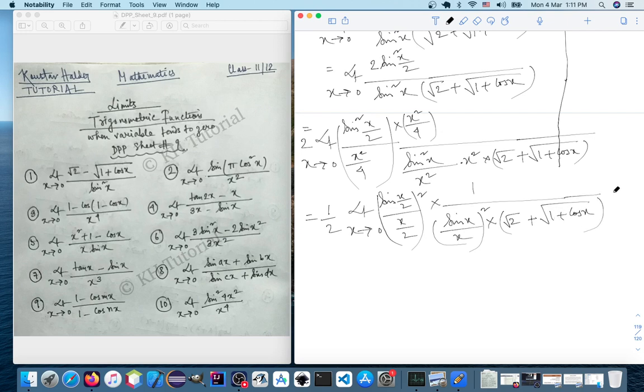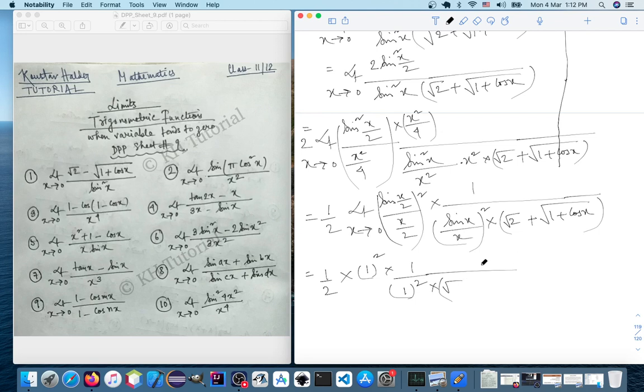Now we can put the standard results of the limit sin fx by fx, where fx tending to 0. We have this form, and we get 1 square, 1 square, and if we substitute x as 0 in the expression root over 1 plus cos x, we get root over 2.